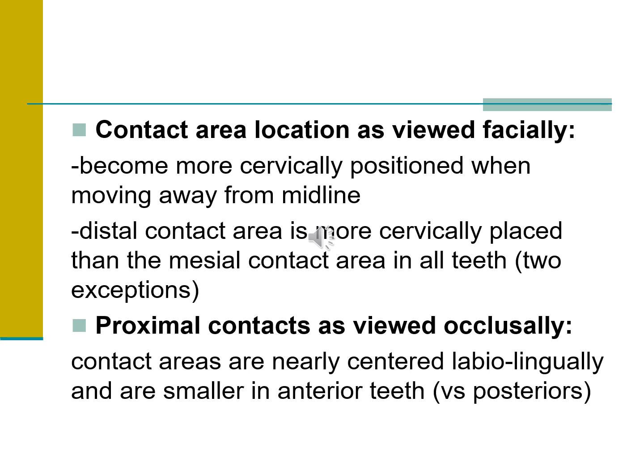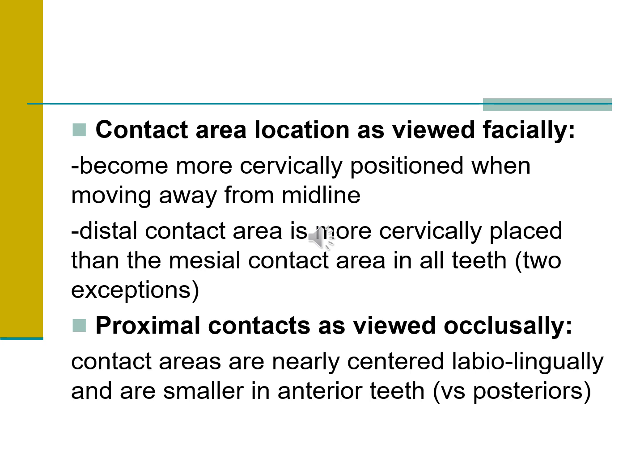Distal contact areas are more cervically placed than the mesial contact areas. We know that in all the teeth, the distal contact area is placed more cervically, except we have two exceptions.